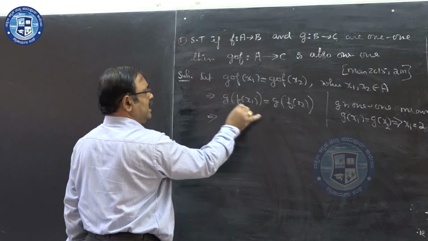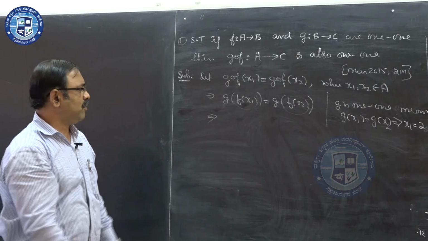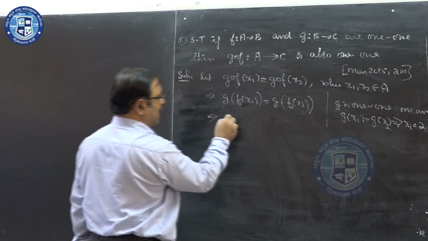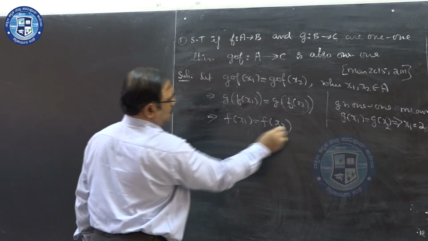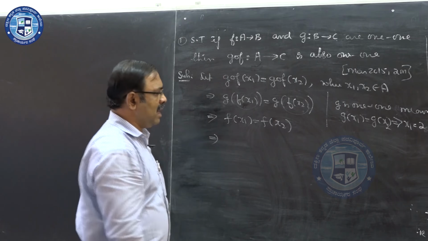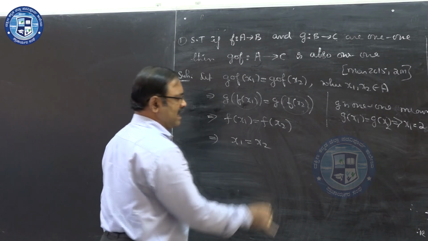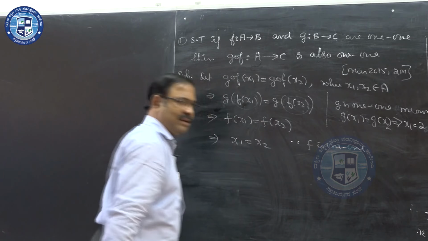So this is x1 and this is x2. Therefore g of x1 equal to g of x2, that is f of x1 equal to f of x2. Now this implies x1 is equal to x2 because f is 1 to 1.